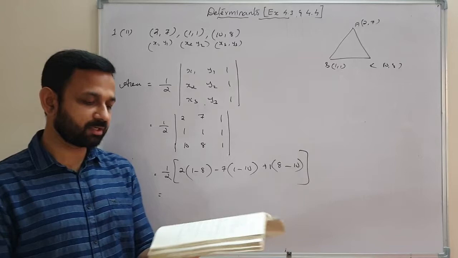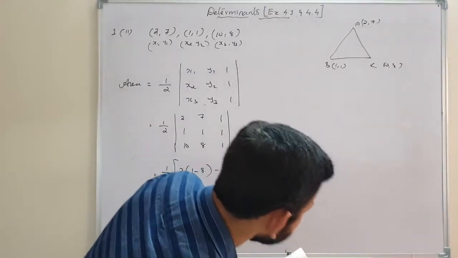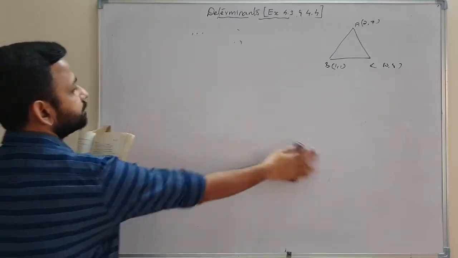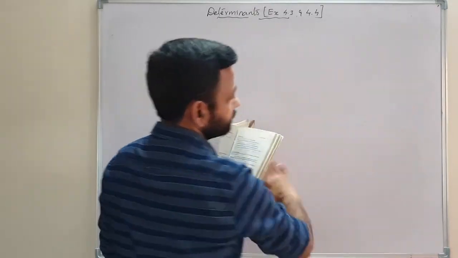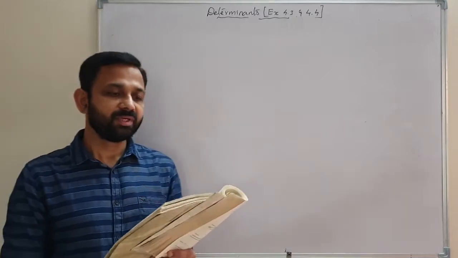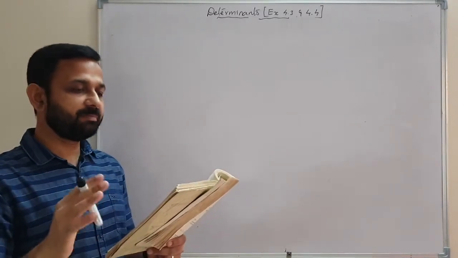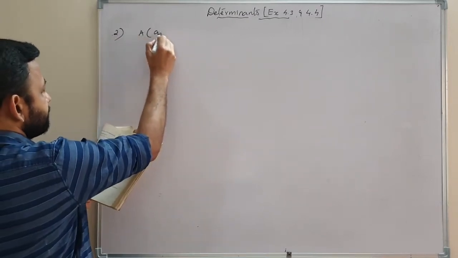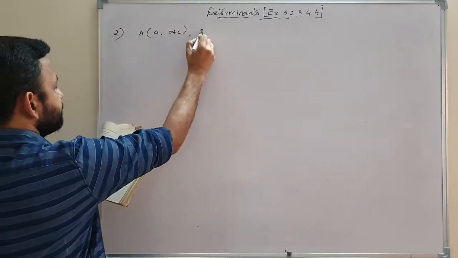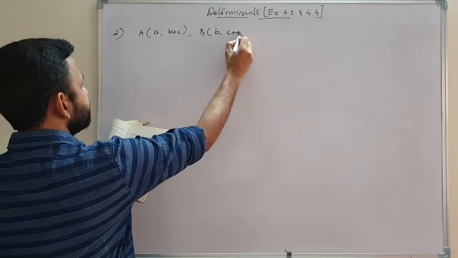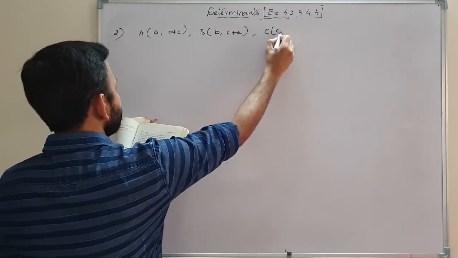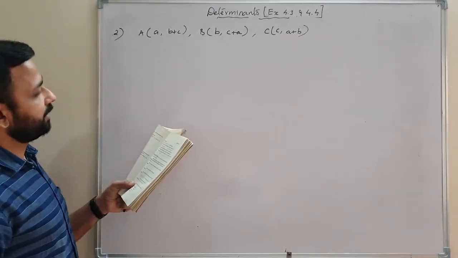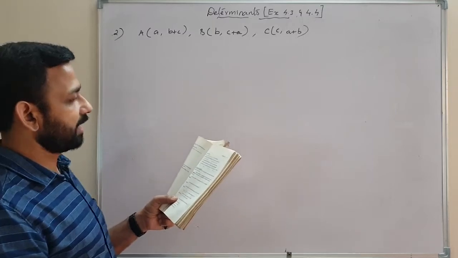Now we are going to do the second question. Question number 2. Show that the points A, B plus C; B, C plus A; and C, A plus B are collinear.